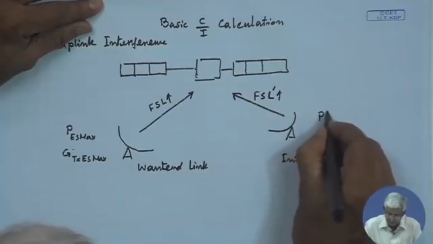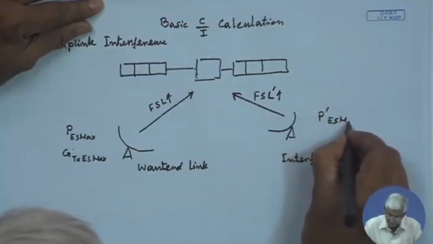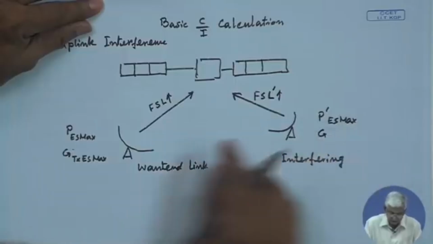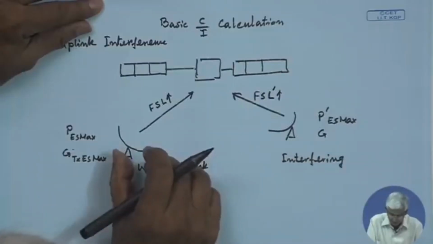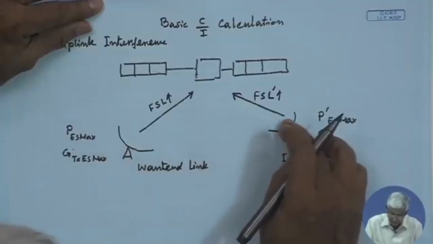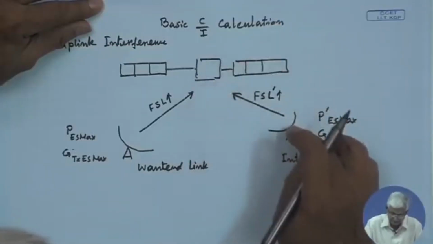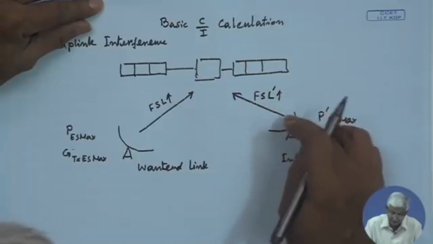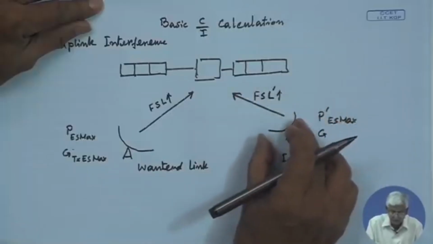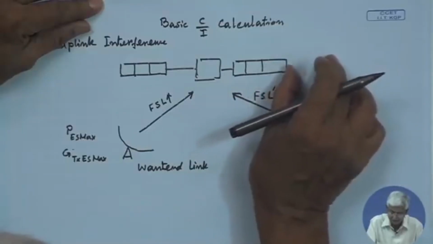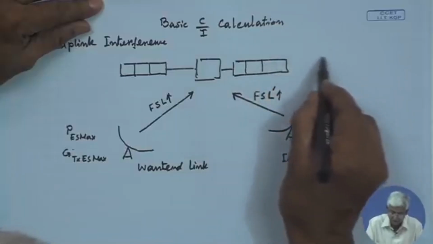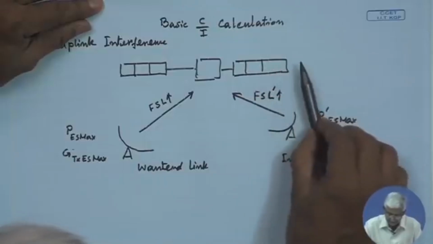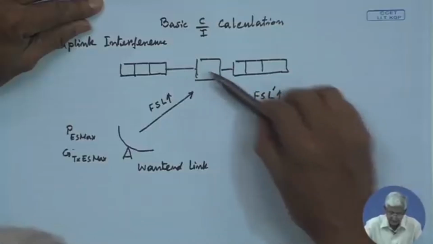So, this power prime of the station maximum, and G. Now, since it may not be co-located, it may be slightly away, it is actually working with another station, another satellite which is the wanted satellite for this station. Now, some of the gain is interfering. So, it is pointing to its own satellite of operation which may be nearby. A G phi of that gain at an angle phi is appearing as interference.